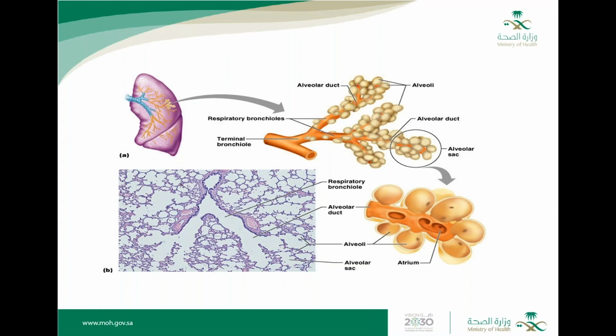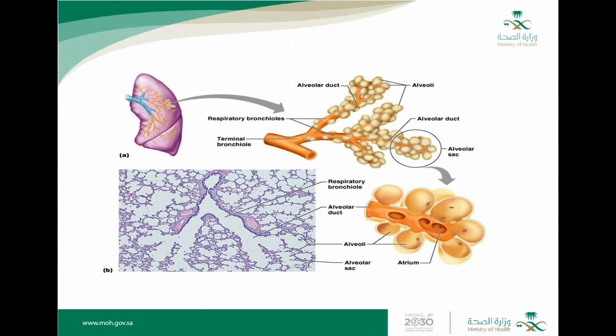That massive surface area is very conducive to an exceptionally high rate of diffusion, or gas exchange, between the alveoli and the capillaries. Each alveolus is surrounded by approximately 300 pulmonary capillaries, and this is extremely important to enhance the diffusion process, or the gas exchange, between the external environment and the capillaries.